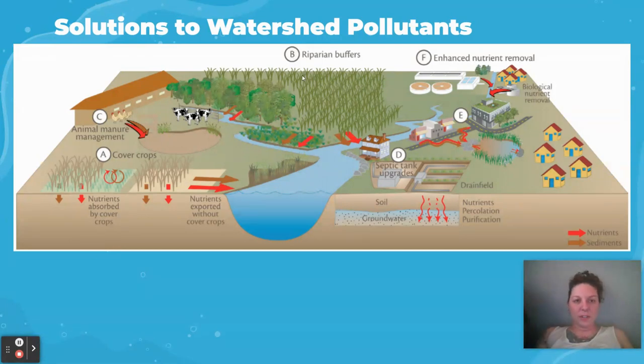The next thing we can do to help reduce watershed pollutants is planting riparian buffers. A riparian area is just the area right along the edge of a waterway.